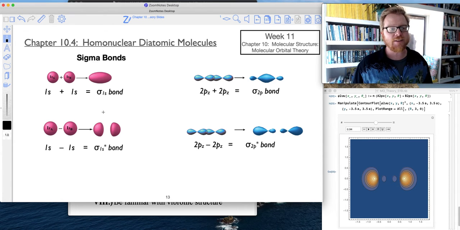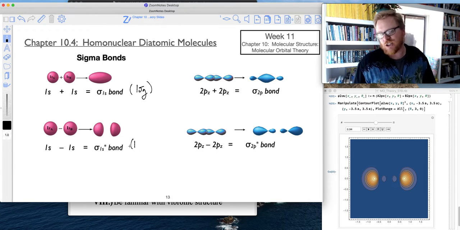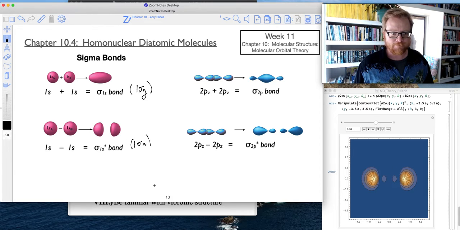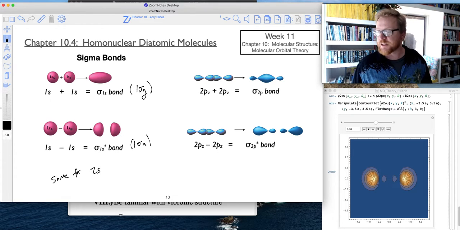We can make sigma bonds from all of the following: a 1s plus a 1s to make a sigma 1s bond, and I'll note that that's called the 1 sigma g. Okay. If we do the minus state, a 1s minus a 1s, we know that that makes the sigma 1s star, which we could also call the 1 sigma u. All right. And then of course the same is true for 2s, so I'll just say same for 2s linear combinations.